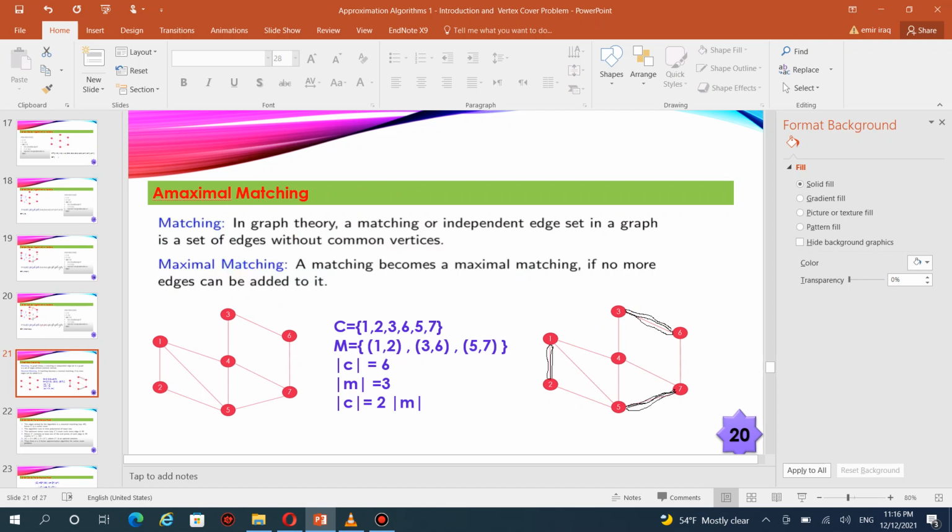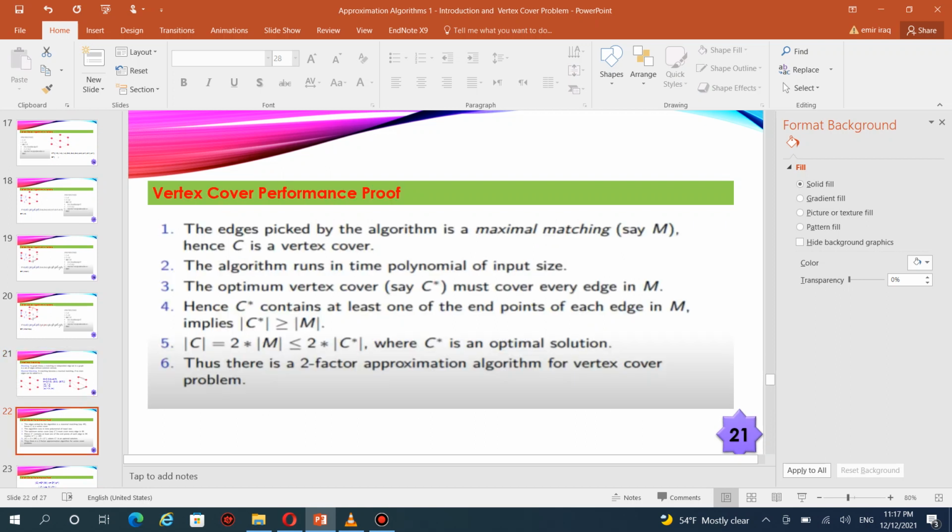So size of C equals 2 multiplied by size of M. M is the maximal matching, and C is our solution that we get by the approximation algorithm.